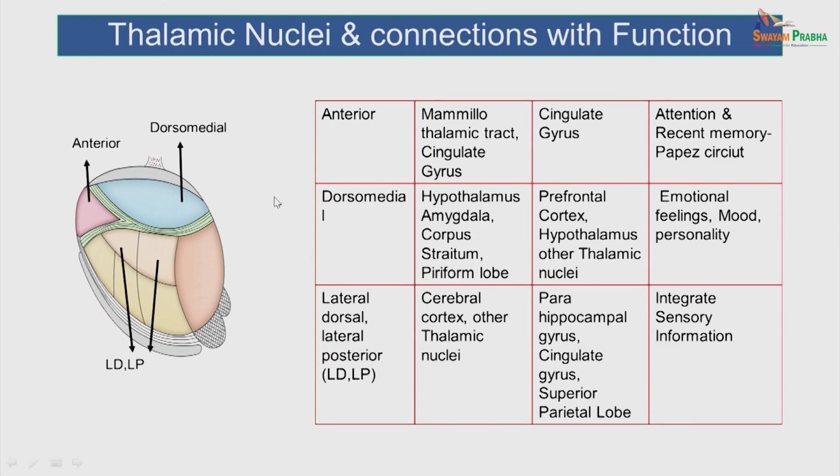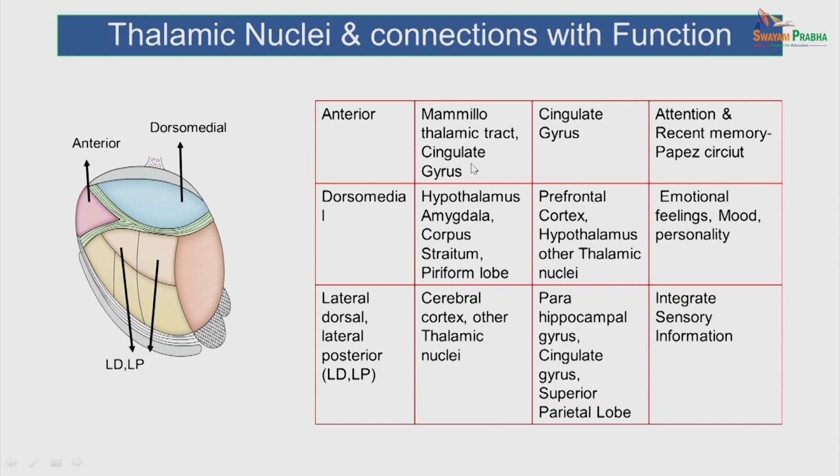Now let us talk about the thalamic nuclei, the various afferents and efferents of each nuclear complex with their functions. First, the anterior thalamic nuclei, which are present between the two limbs of the intramedullary lamina.